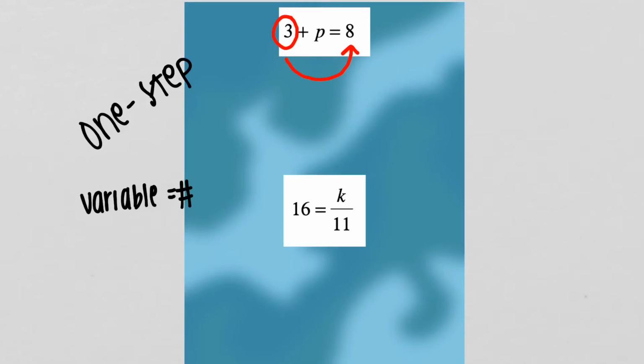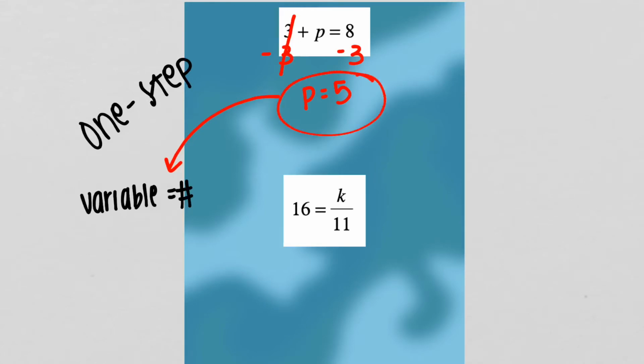So we're going to subtract 3 from both sides first. So I subtract 3 from the left side, I subtract 3 from the right side. When I do that on the left, 3 cancels out, and I'm just left with p equals 8 minus 3 gives me 5. And remember, we want it to be a variable equals a number, so you'll check, is it? It is. It's p equals 5, so we're done.